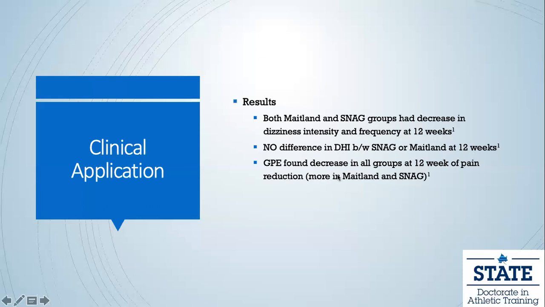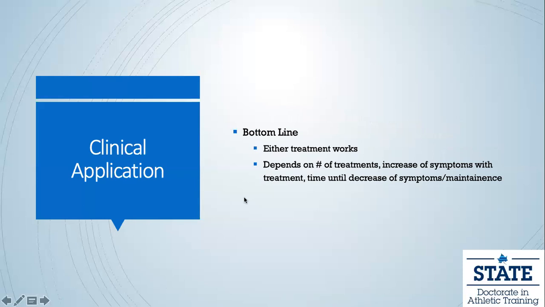And the GPE found a decrease in all 3 groups at 12 weeks of pain reduction, but more so with the Maitland and SNAG treatment. So bottom line, what this article found was that either treatment works.